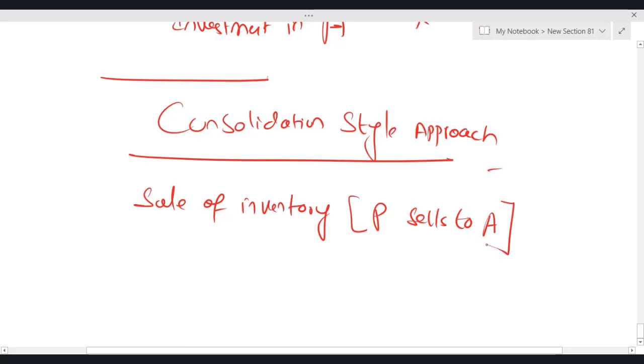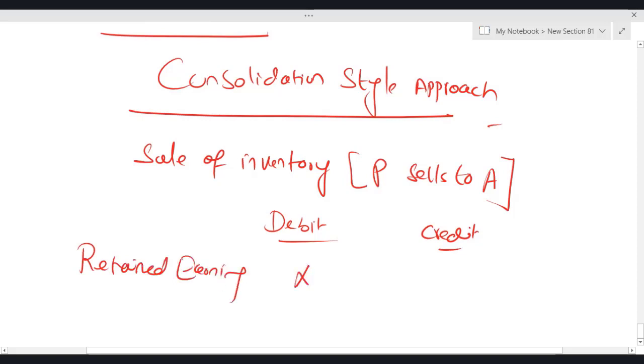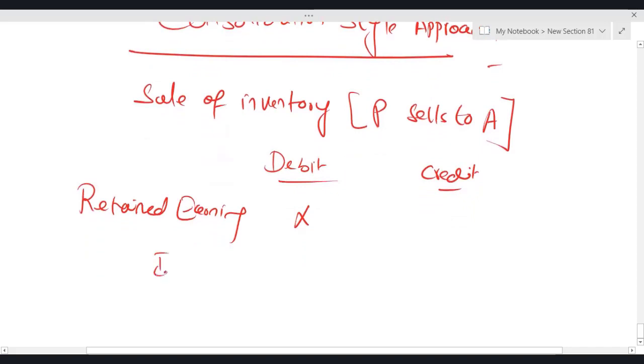Who is the seller? Parent. Look at this. Debit retained earnings, credit investment in associate. You might be thinking it is the same. No. Wait. Investment in associate. Remember, parent is the seller.